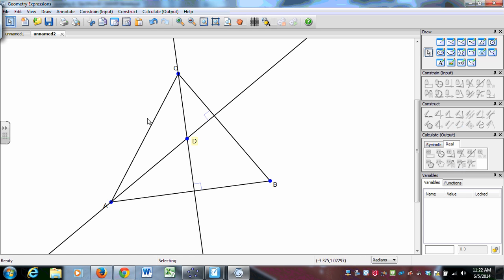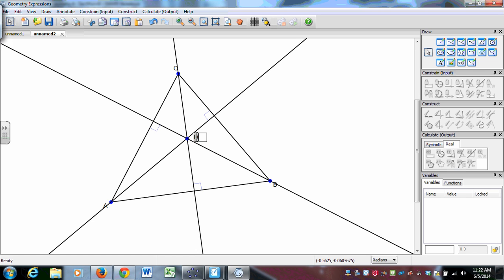What is surprising is when we take the third altitude, it also goes through D. All three altitudes go through D. D is referred to as the orthocenter of the triangle. The orthocenter is the place where the altitudes are concurrent.